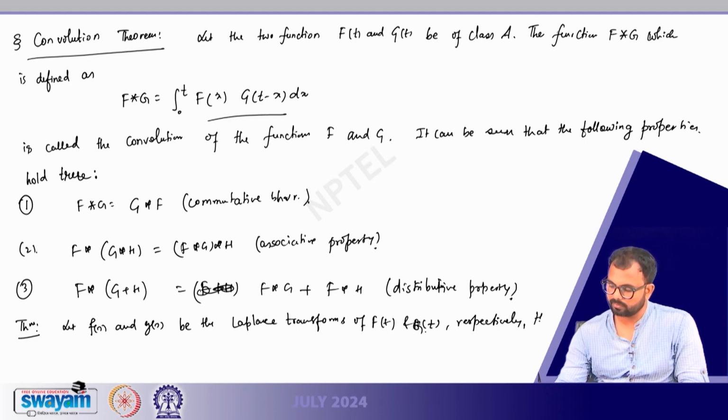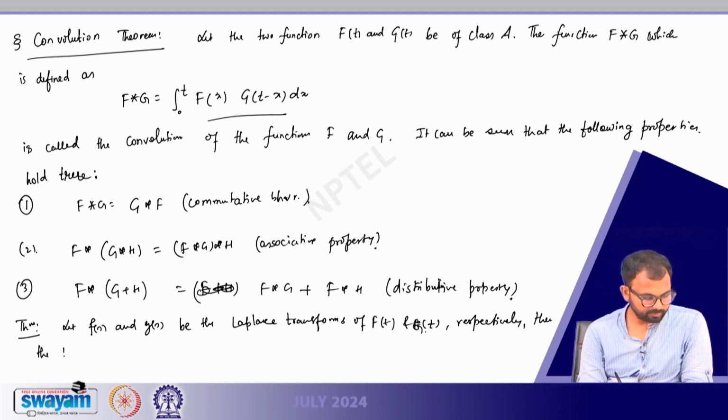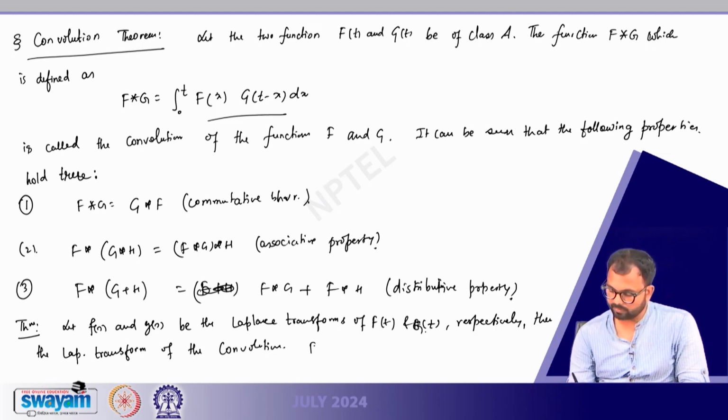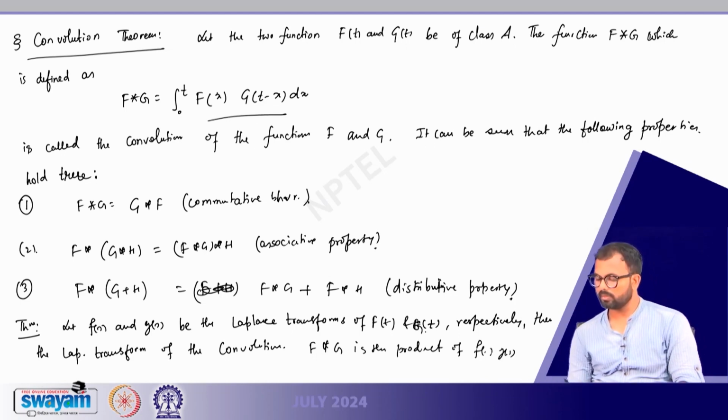Then the Laplace transform of the convolution f star g is the product of F(s) and G(s), the product of F(s) and G(s).